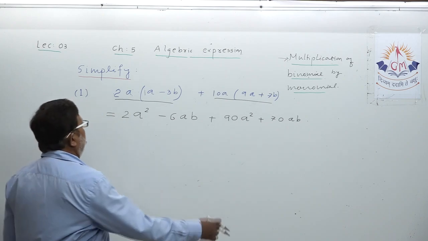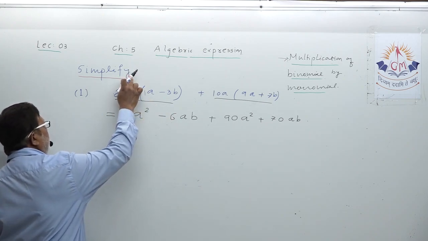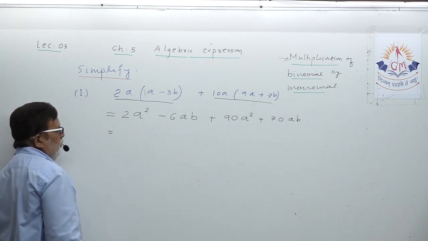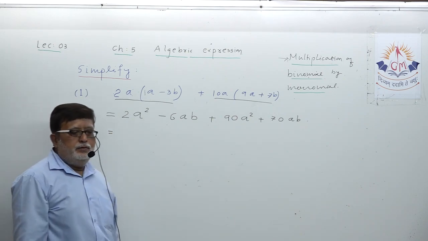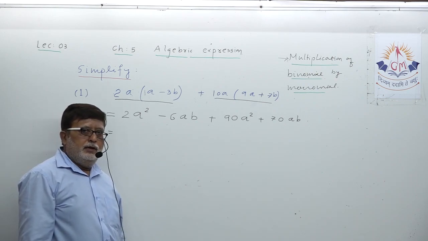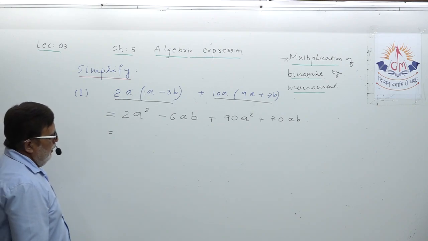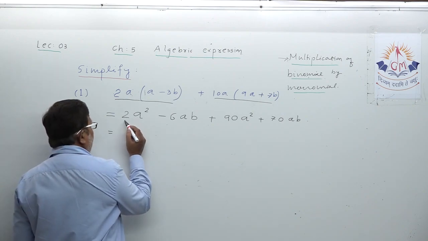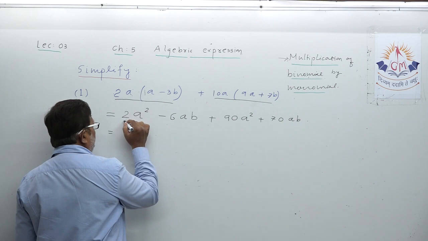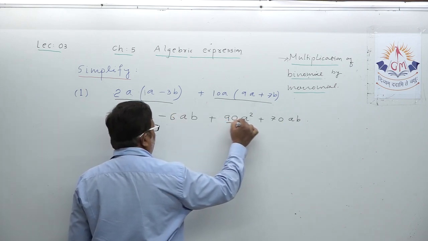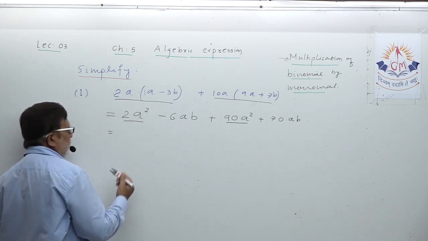Now because the instruction here is given as simplify, it simply means you also have to combine like terms if any. Yes. Are there like terms? Why not? Here one like term 2a square and here another 90a square.